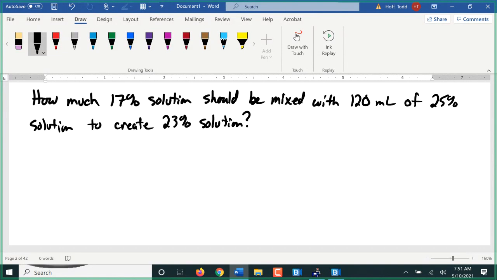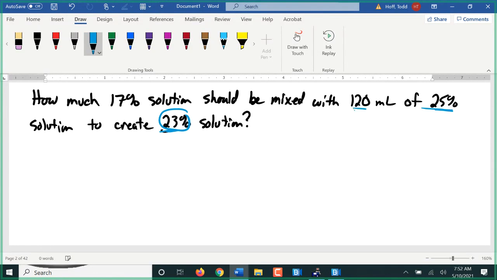So our 23% is closer to 25%. Right? This is our desired result, the 23%. But whichever one of the ingredients, for lack of a better term, that we're going to mix, whichever one is the closer percent is the one that we're going to have more of.